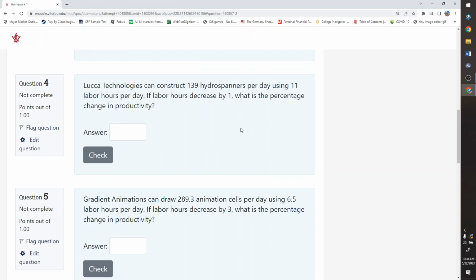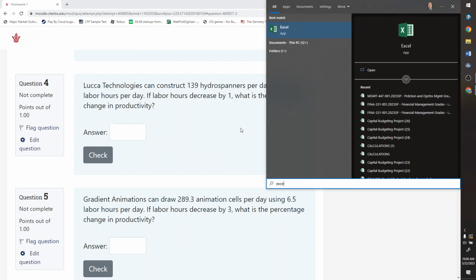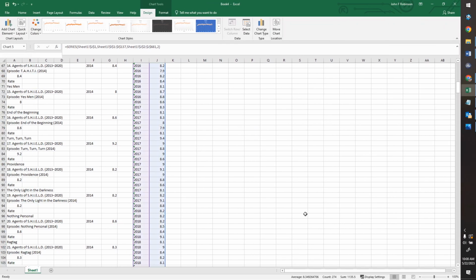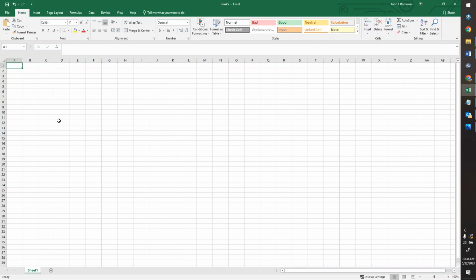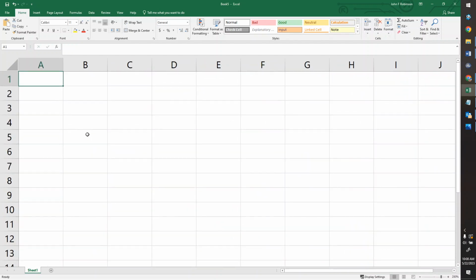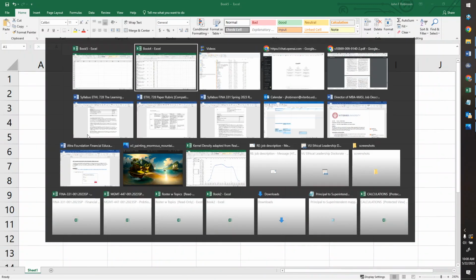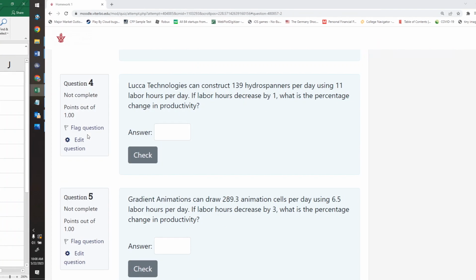So for this, I actually also just want to show how one would do these in Excel. So I'm just going to pull up a blank Excel here. And make it bigger. So given information in the problem, we have... yeah, I think this is interesting.